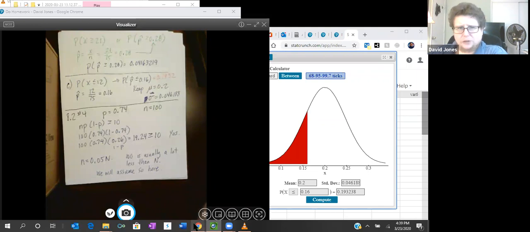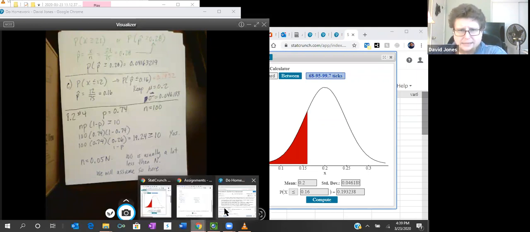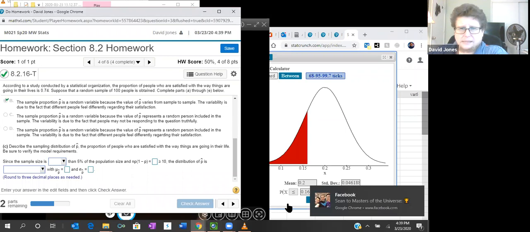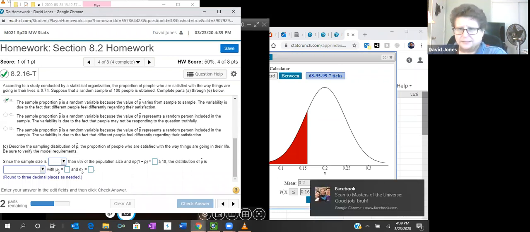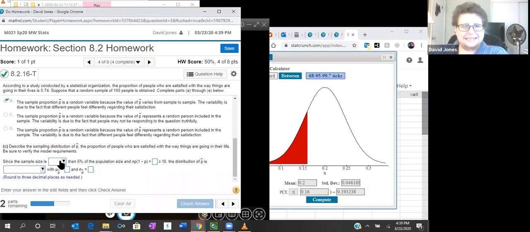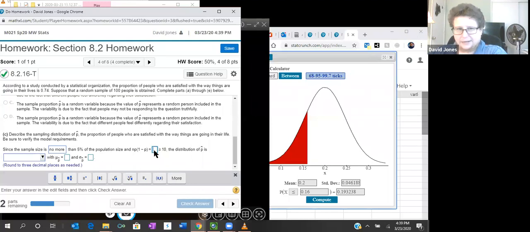Okay, let's take a look at what we got. Since the sample size is less than 5% of the population, and n times p times 1 minus p, which we actually calculated, is 19.24, it's greater than or equal to 10.